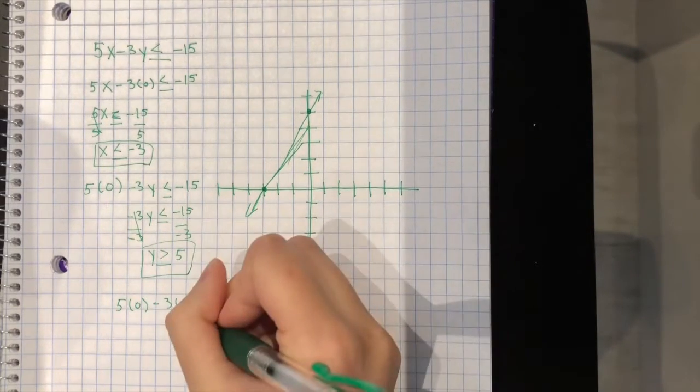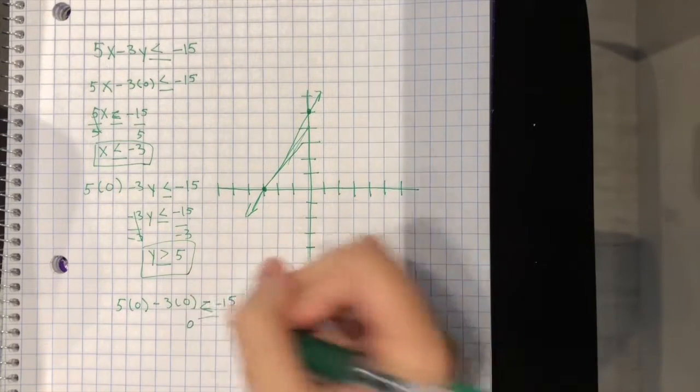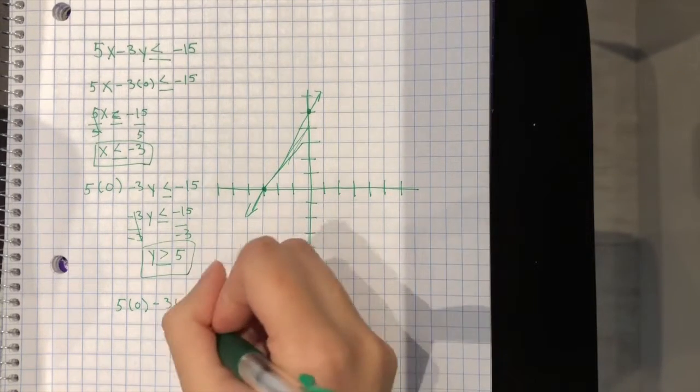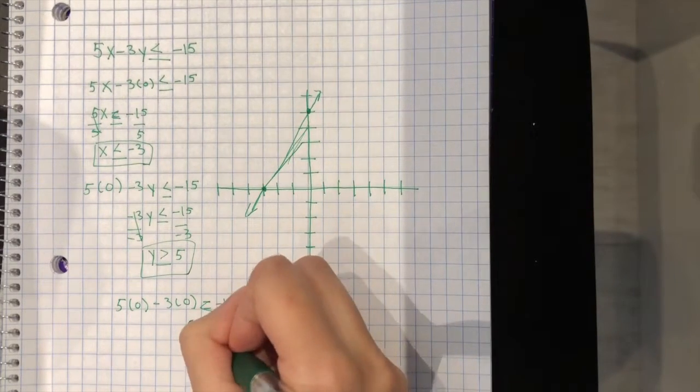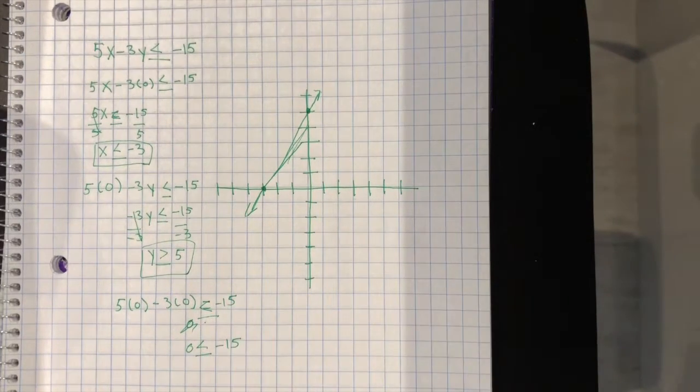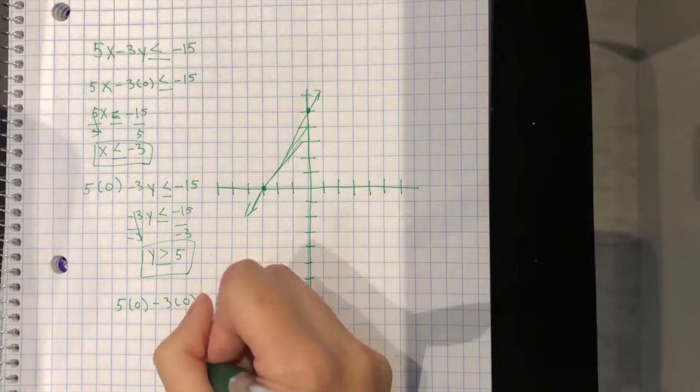So I have 0 is less than or equal to negative 15. 0 is not less than or equal to negative 15. 0 is greater than negative 15, so that's false.